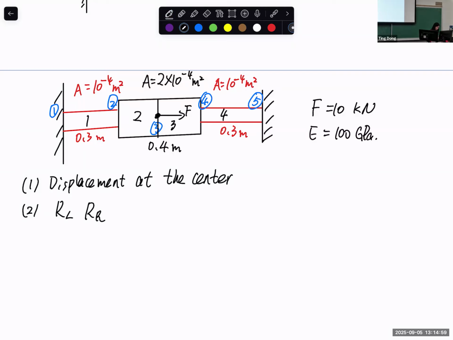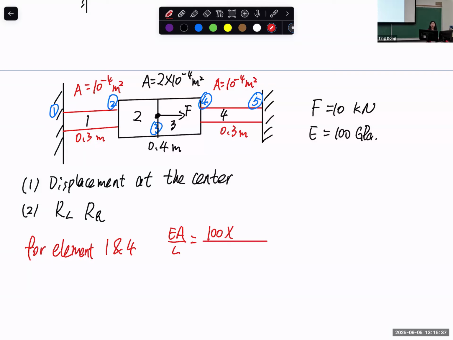Now the K for elements 1 and 4 should be the same because they have the same cross-section area and the same length. For elements 1 and 4, EA over L equals, let's convert everything to meter, Newton, and Pascal.